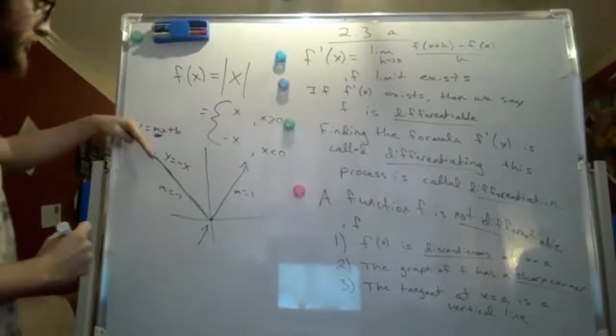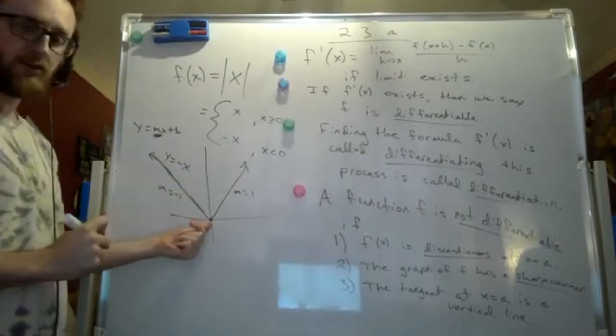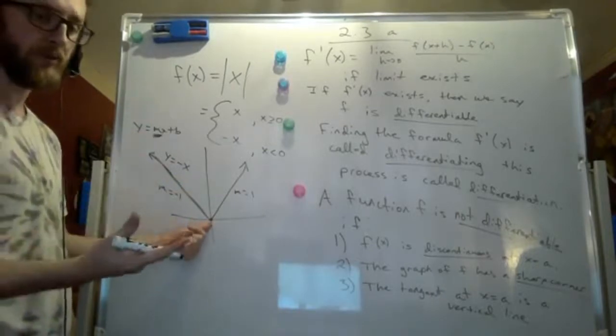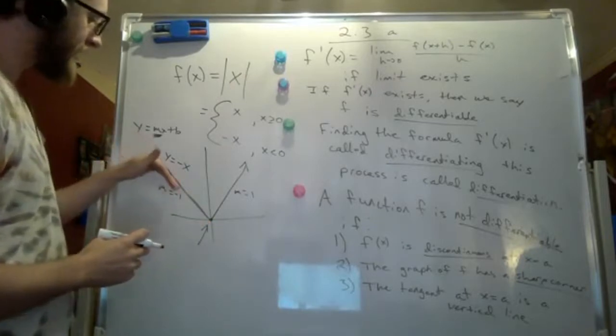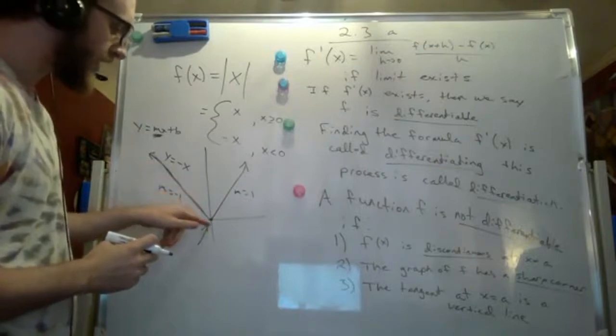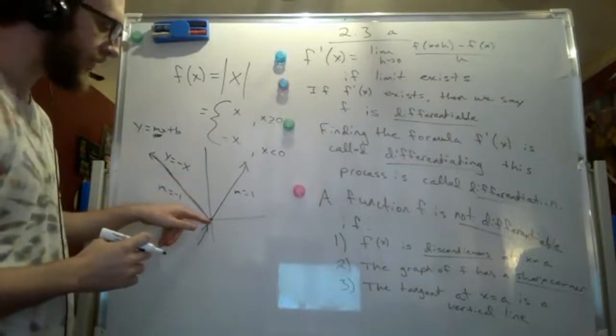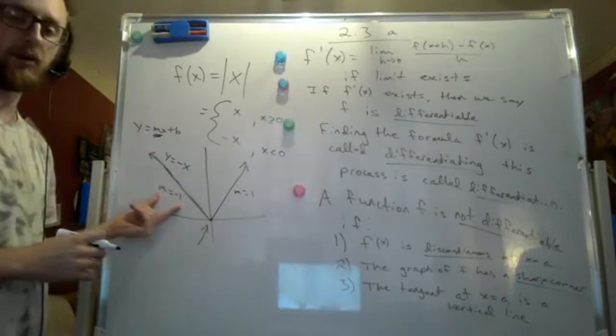So as I approach 0 from the left, if I'm trying to estimate what the derivative is at 0, or what the slope is at 0, from the left side the line says it's -1, -1, -1. As close as I get to 0, so long as I'm to the left of it, I'm always on this line that says the slope is -1.